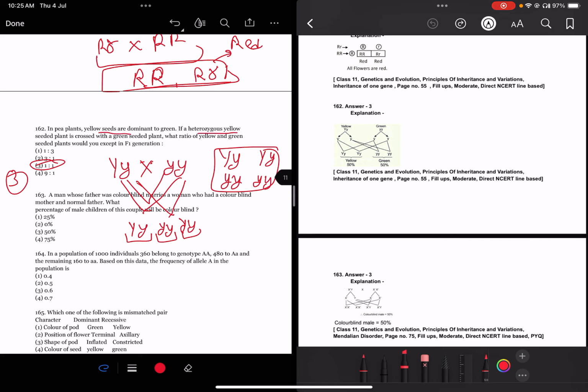A heterozygous yellow seed plant is crossed with a green seed plant. So here the answer is option 2.